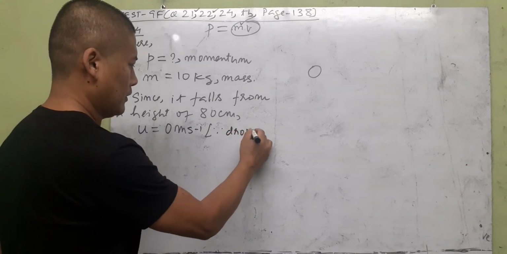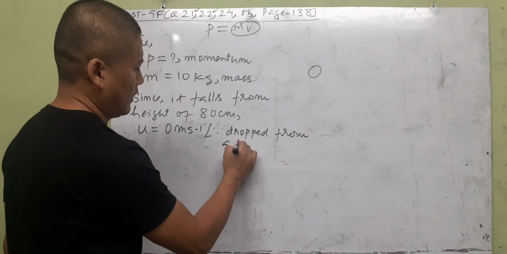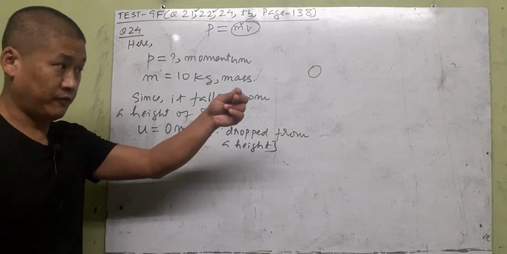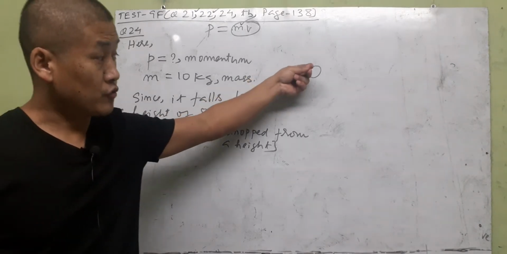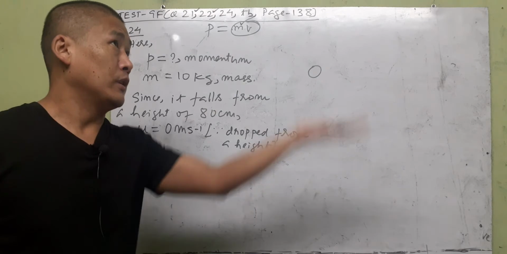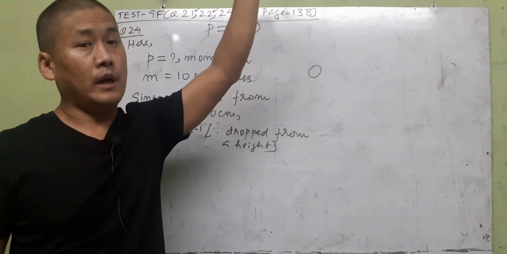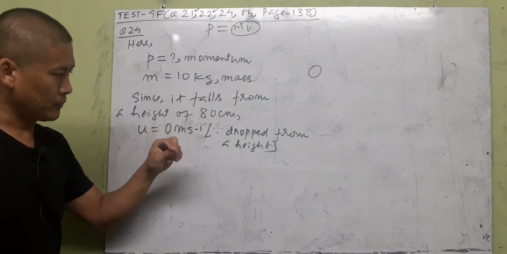Any object dropped from a height in the beginning was always at rest before being dropped. That's why U will always be 0 for an object being dropped. V will always be 0 for the object being thrown up, because at the top height it will stop for a moment, so V will be 0. But for drop, U will be 0.